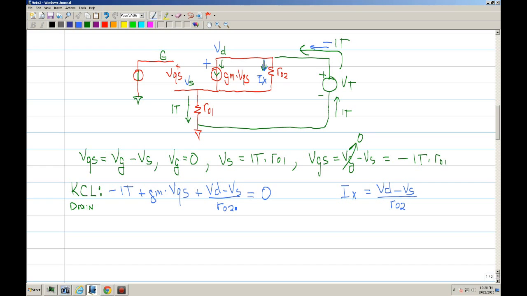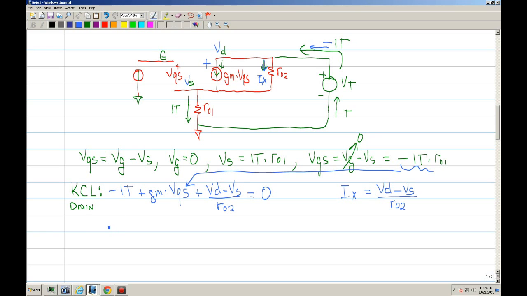Okay, so now we have to substitute. I'll make another substitution. Let's see, where is my cursor? Okay, we have to substitute this into there.